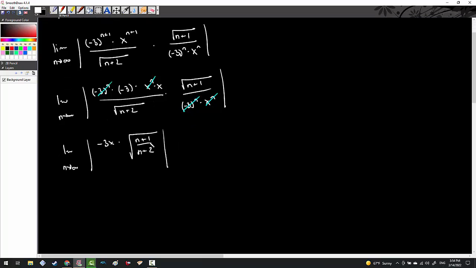And as n goes to infinity, this goes to 1, giving me the absolute value of -3x, or just the absolute value of 3x, and that's got to be less than 1. So from here, the absolute value of x is less than 1/3. So 1/3 is my radius of convergence.